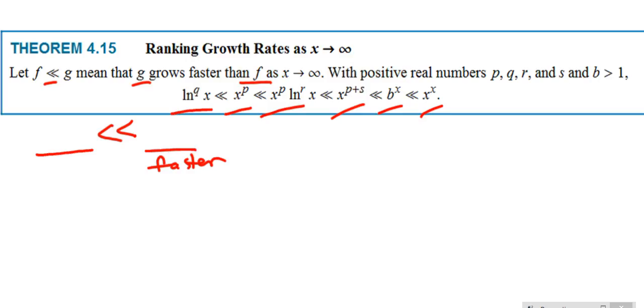Out of all of these different functions, this one is the fastest one in the group. This one is the slowest. So you can almost know, practice, and learn some of these and when things grow faster or not.